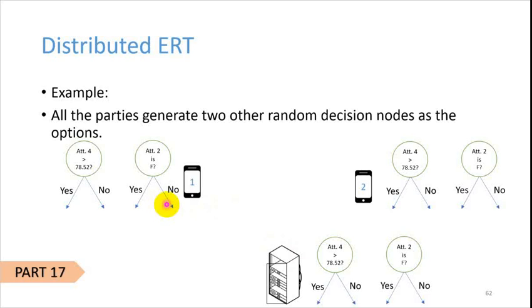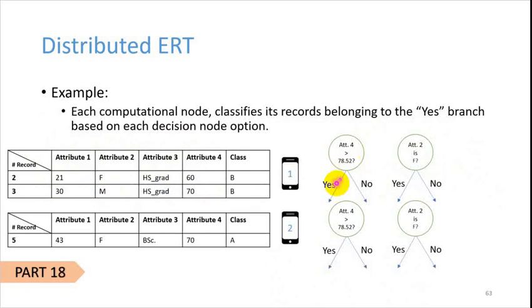And since the seed was the same, the options would be the same on every party. So we need to calculate the score for each of these decision node options and choose the best one.